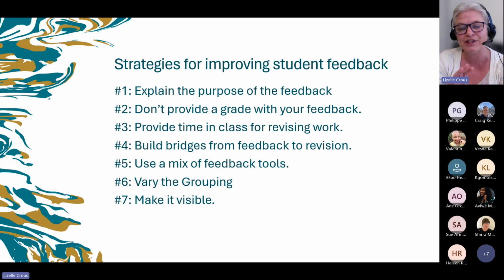It's not always that the student is taking that feedback to heart. So if we use a mix of feedback tools, we can have a discussion in class, give verbal feedback and ask them to reflect on it, or use narrative feedback and ask them to come up with a reflection on it so that you can see if they are integrating the feedback.